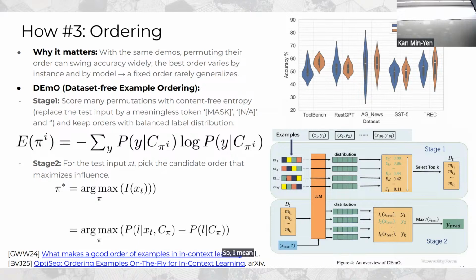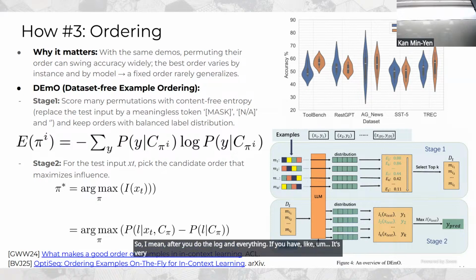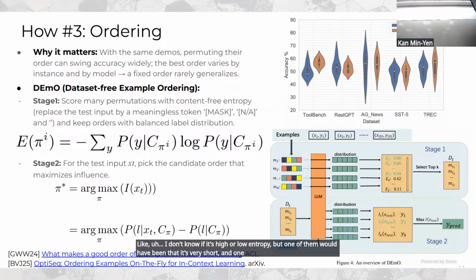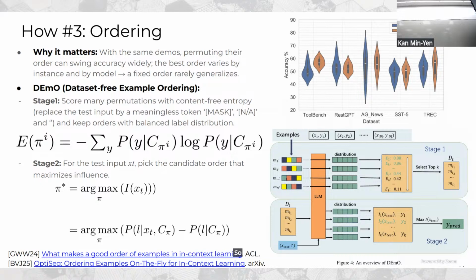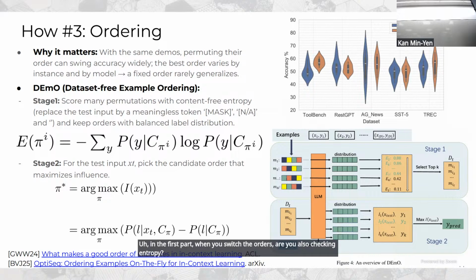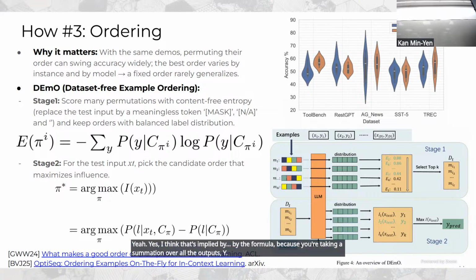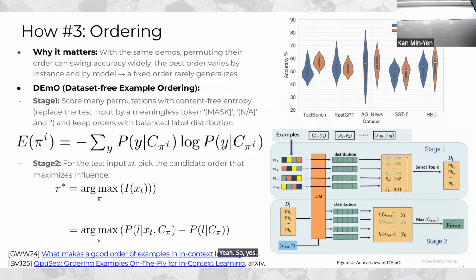After you do the log and everything, I don't know if it's high or low entropy, but one of them would mean that the model is very sure, and one of them would mean that the model is not very sure about the next thing to predict. So to summarize the question, in the first part when you switch the orders, are you also checking entropy? Yes, I think that's implied by the formula, because you're taking a summation over all the outputs y. Yeah. So yes. Okay. All right.